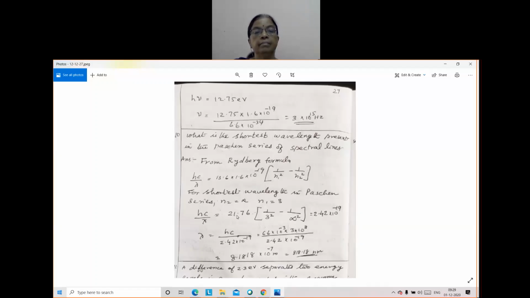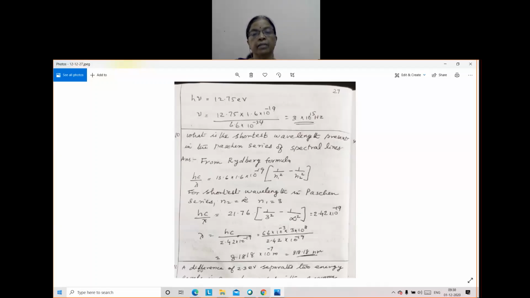Then which wavelength? Shortest wavelength, so shortest wavelength is highest energy. We get the highest energy when the electron jumps from infinity to the third level. We get the maximum energy but minimum wavelength. So for the shortest wavelength, you put infinity here.